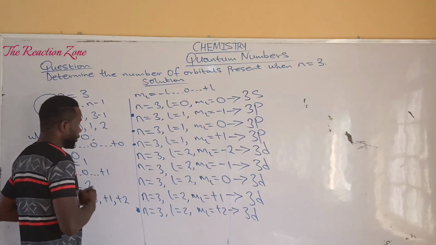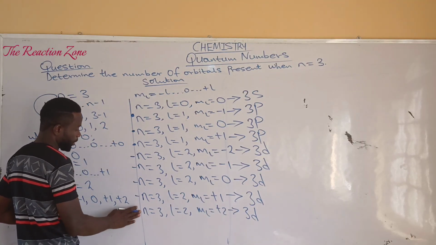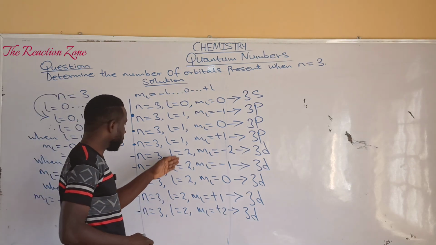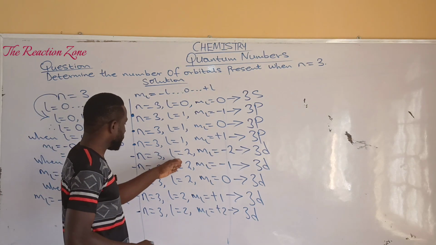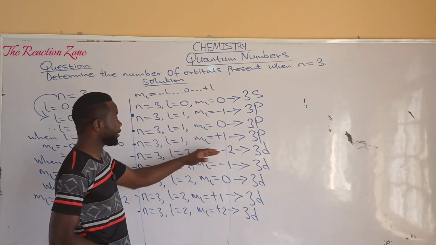The same thing, if we look at this one, this one, as well as this, their values of the azimuthal quantum number are the same, but the values of the magnetic quantum numbers are different.